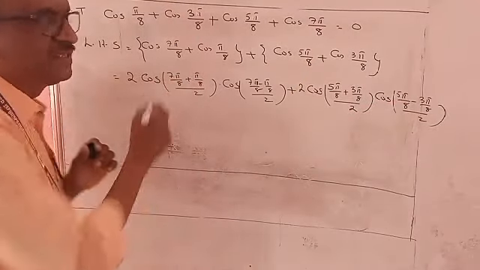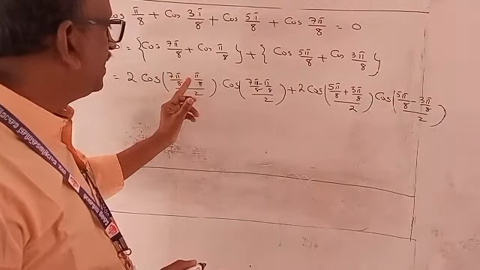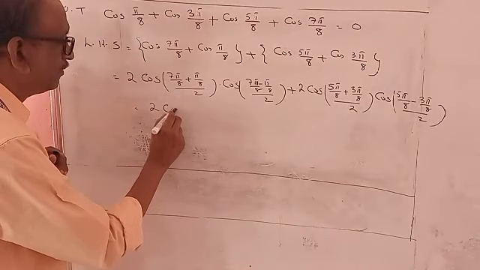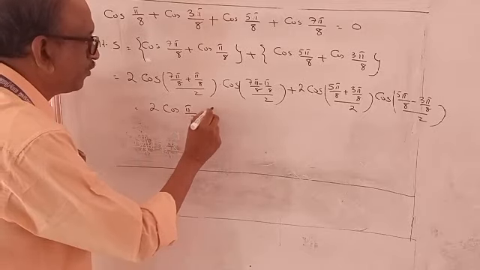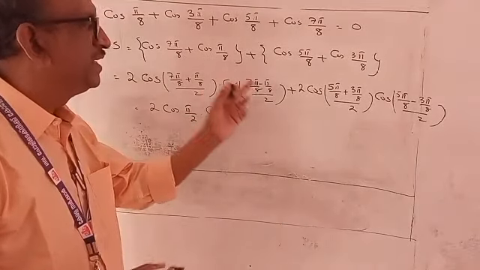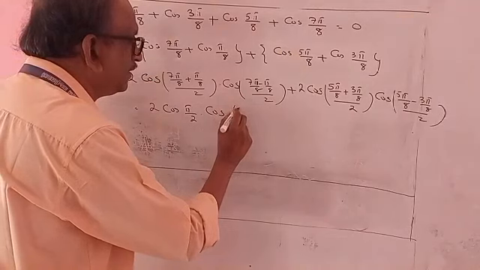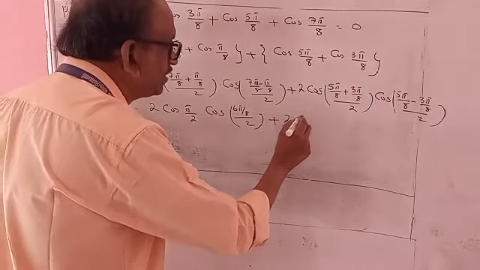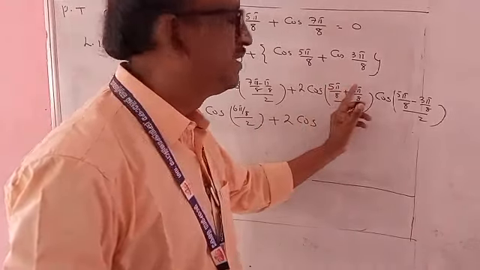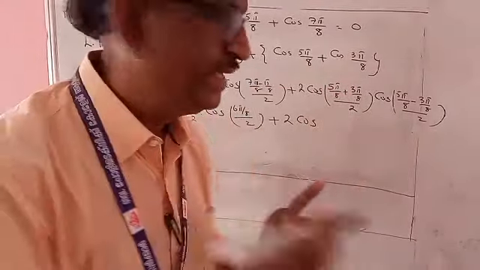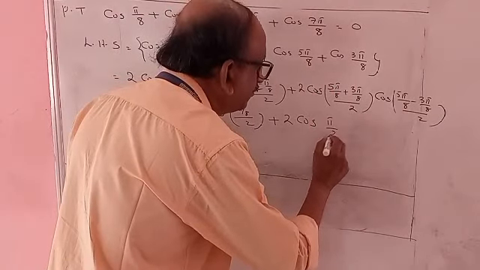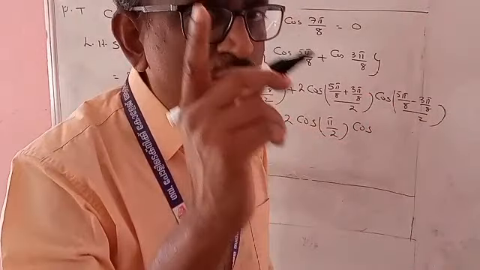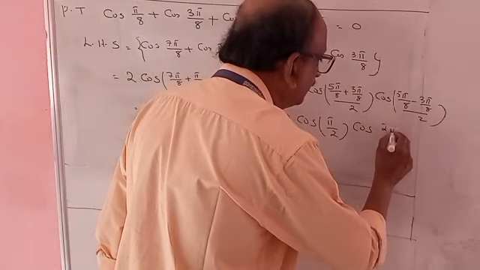Here 7 plus 1, 8. 8 pi by 8 is pi. 2 cos pi by 2 into cos (7 pi minus pi is 6 pi) 6 pi by 8 by 2, plus 2 cos, 5 plus 3, 8. 8 pi by 8 is pi. Pi by 2 into cos, 5 pi minus 3 pi is 2 pi, 2 pi by 8 by 2.